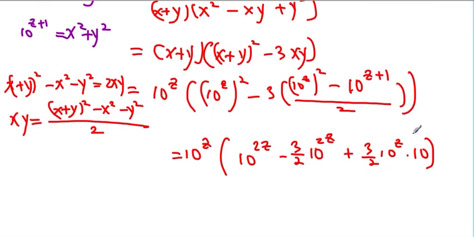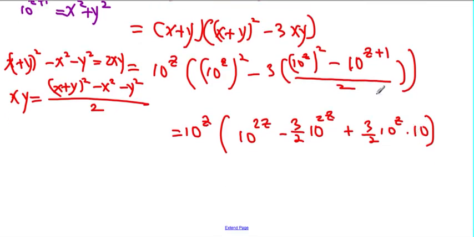Now then here what we end up getting is this. If I have to simplify, 2z and 2z can be combined here.